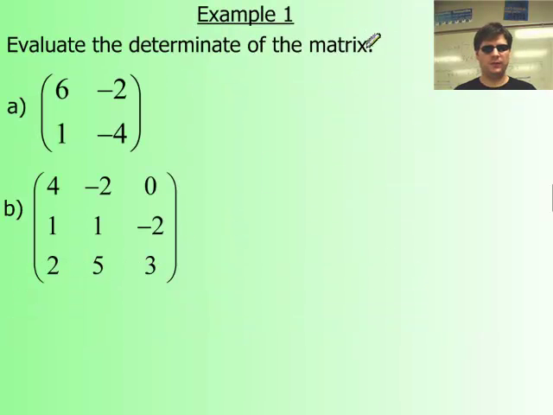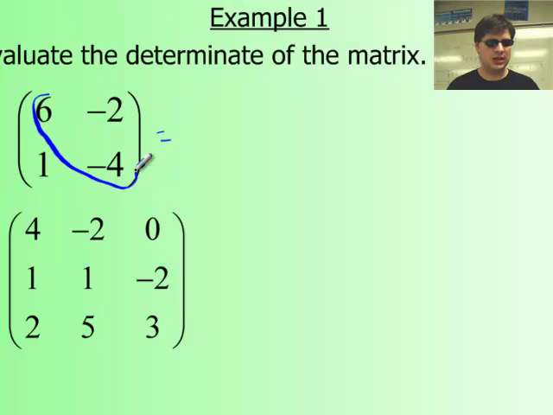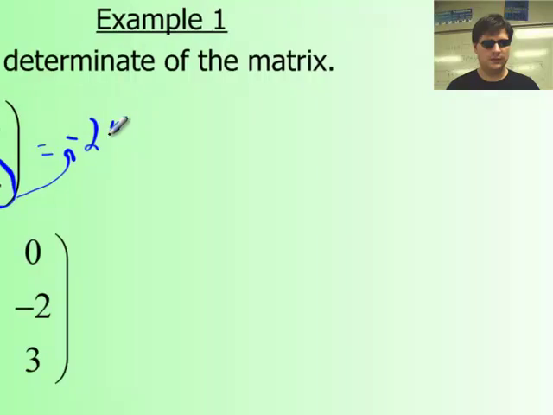Okay, so we're going to evaluate each of these determinants. And we'll start with the 2 by 2. So we will multiply on the diagonal. So I'm looking for the determinant here, and I'm going to multiply 6 times -4 first, and that's going to go here as a -24.